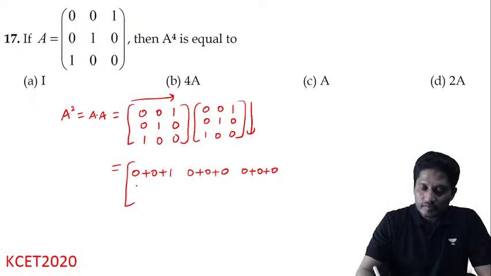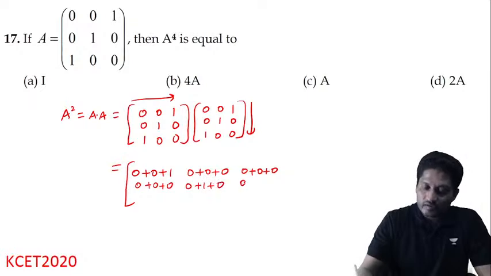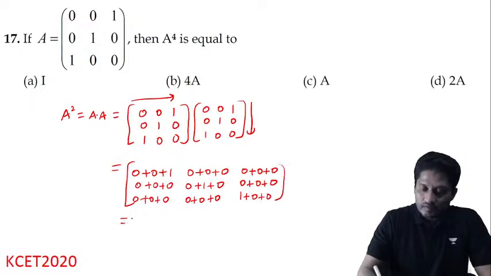Second row, first column is 0 plus 0 plus 0. Again 0 plus 1 plus 0, and this is all zeros. Even this is 0, and then this is 1 plus 0 plus 0. This will be 1 0 0, 0 1 0, 0 0 1.